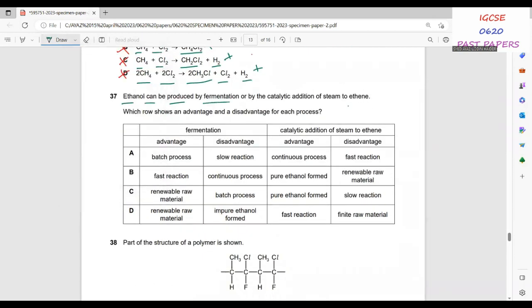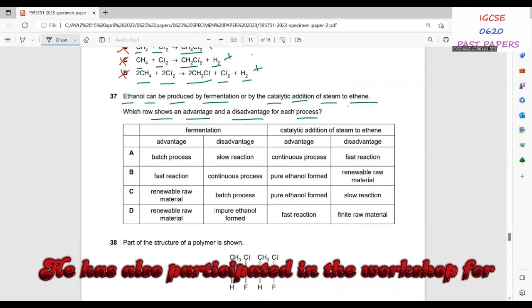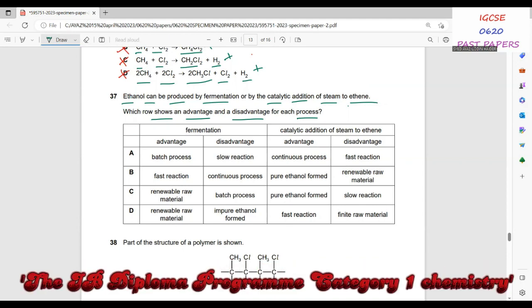37. Ethanol can be produced by fermentation or by the catalytic addition of steam to ethene, which shows an advantage and a disadvantage for each process. Remember, catalytic addition of steam to ethene is a fast reaction, and in case of producing ethanol from ethene and steam, the process involves only one product, which will be the advantage.